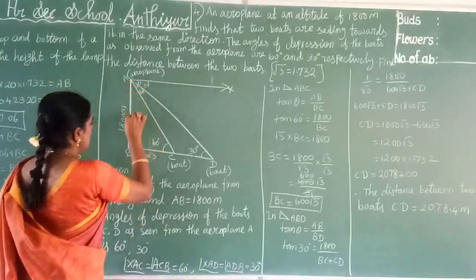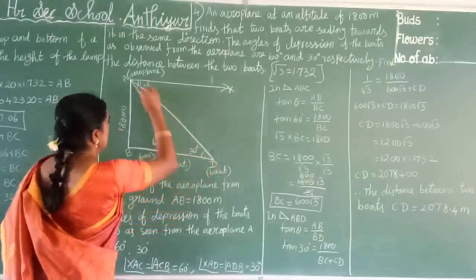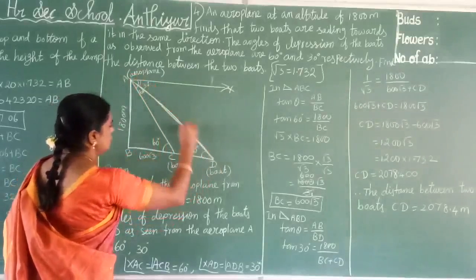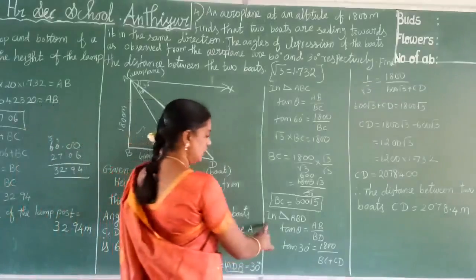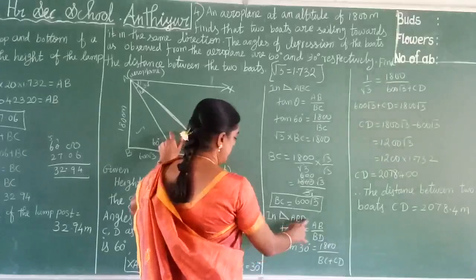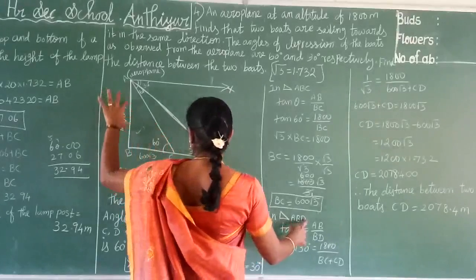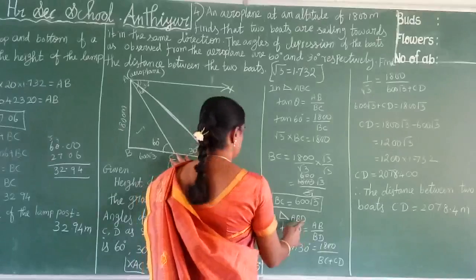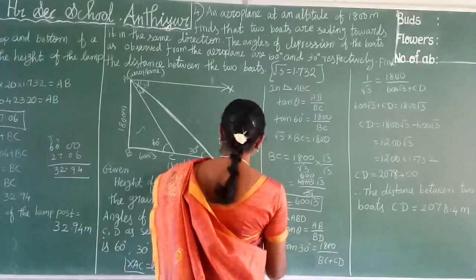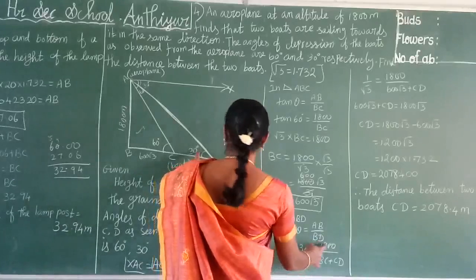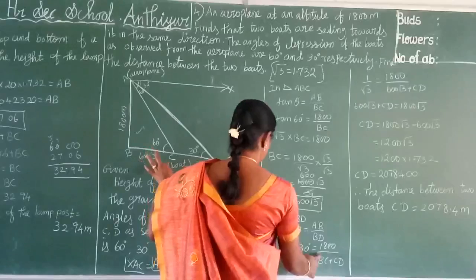Next you select triangle ABD. We already completed the earlier triangle, now you take this triangle ABD. Here apply the same method. So tan theta is equal to AB by BD. Here theta is 30 degrees, so tan 30 equals AB, 1800, by BD.